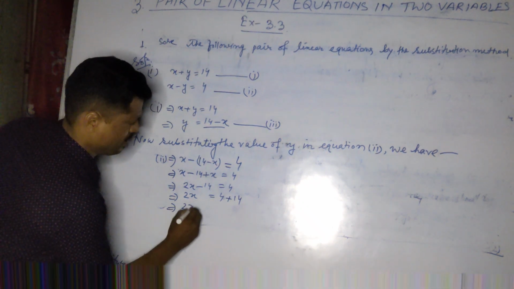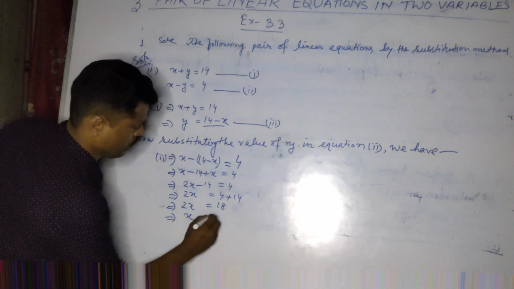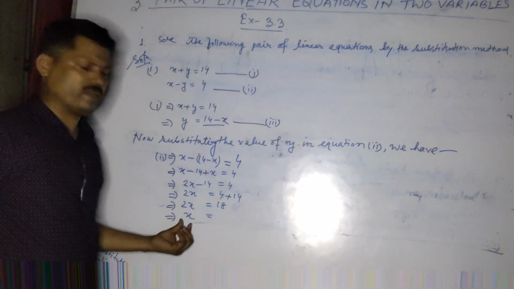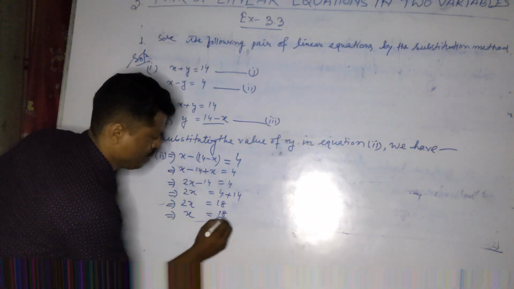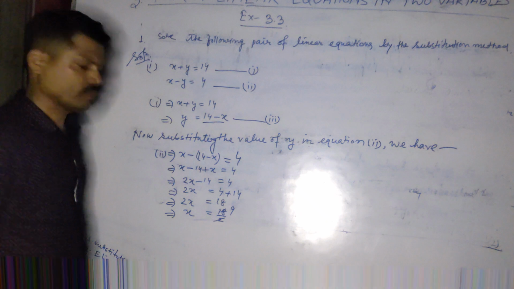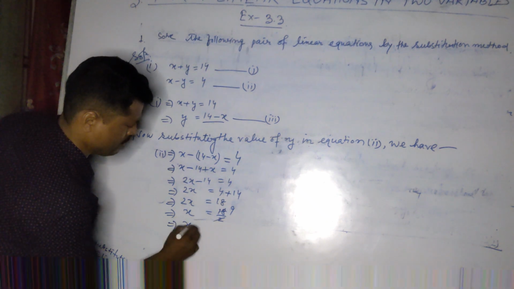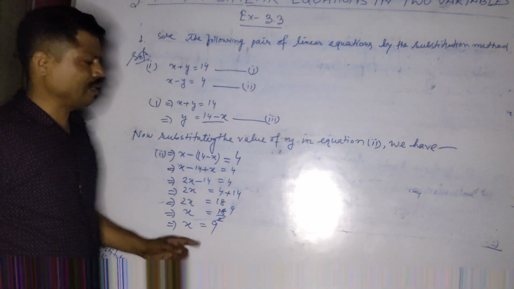Then 2x is equal to 18. Then x value will be what? 2 is multiplied on the left hand side, so it will be divided on the right hand side. So 18 by 2. 2 in 18 how many times? 9 times. So x value is 9.